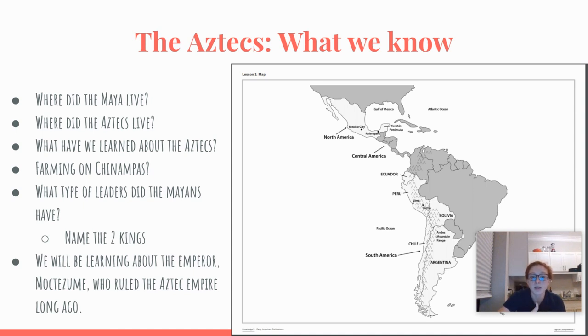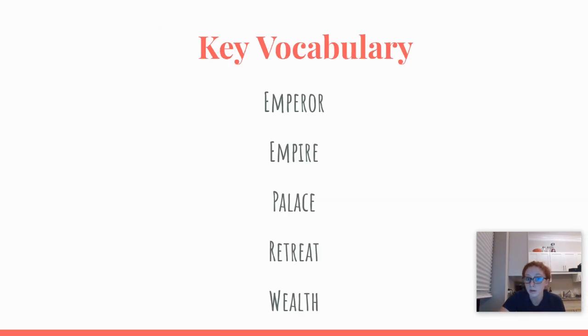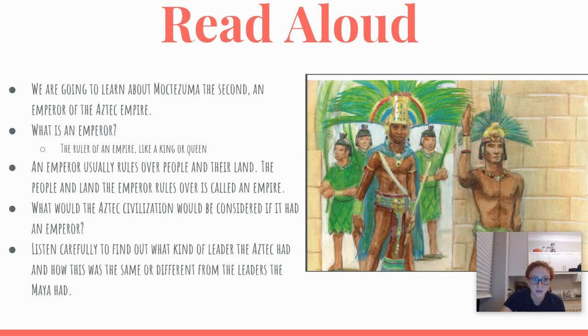We're going to be learning about the emperor, Montezuma, and he ruled the Aztec Empire a long, long time ago. Okay? Remember our key vocabulary: emperor, empire, palace, retreat, and wealth. So we're going to be learning about Montezuma II, and he was the emperor of the Aztec Empire, okay?